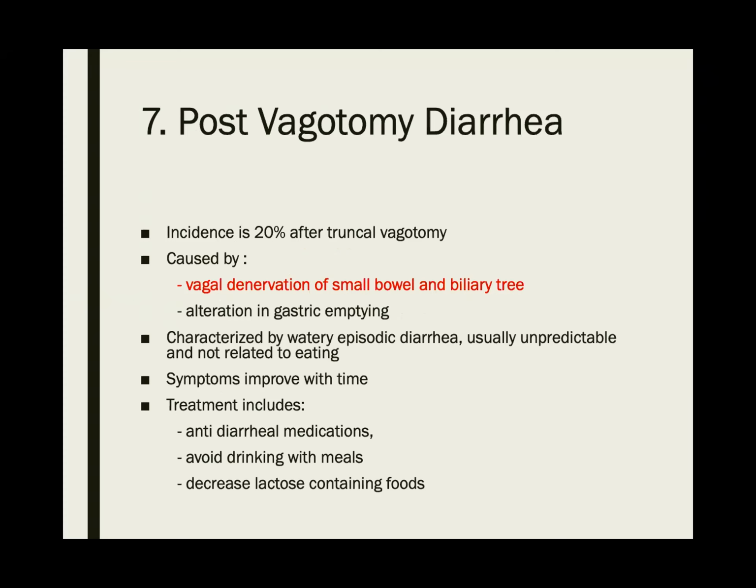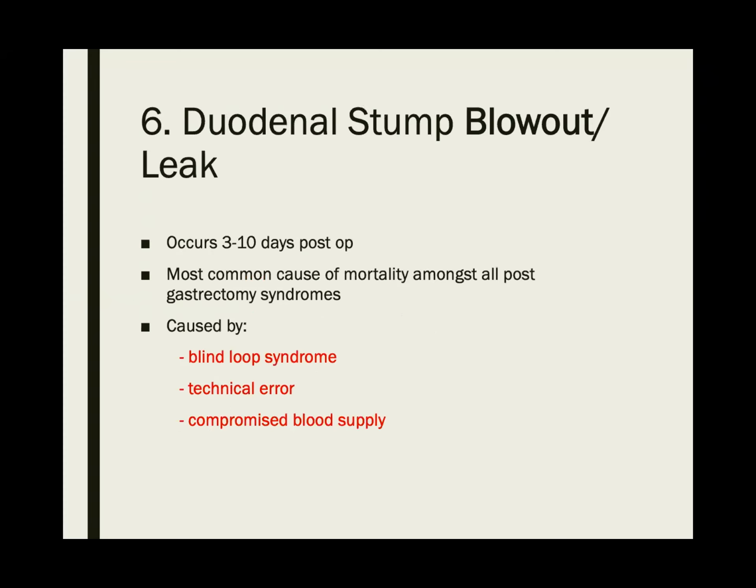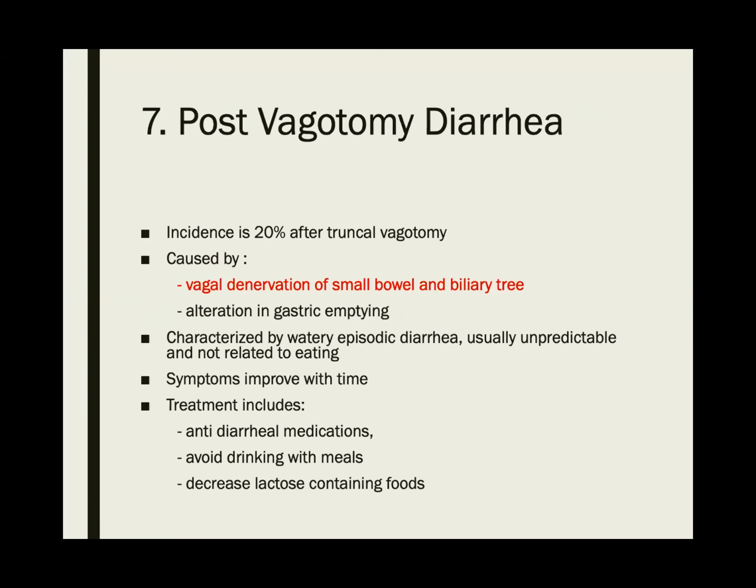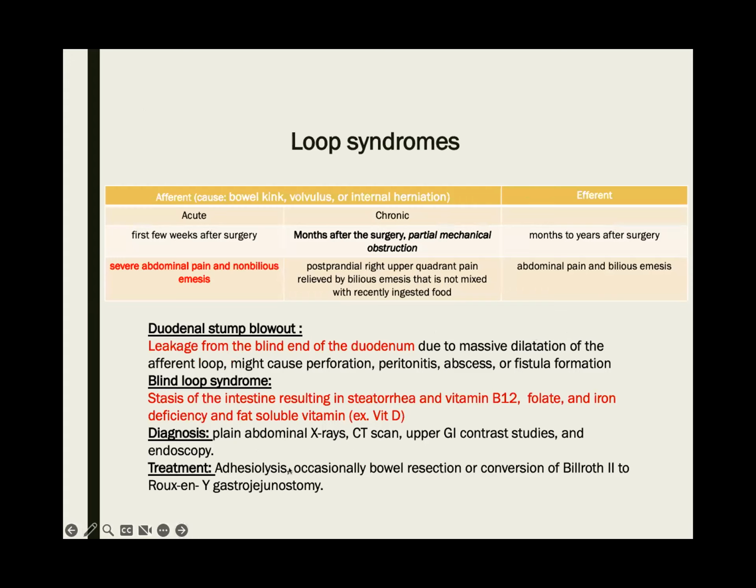However, in the chronic form, with the obstruction, food is going to be there. The stimulus for the biliary tree is going to be there. That's why you would see the vomiting or the biliary emesis. So the acute form is a few weeks after surgery.